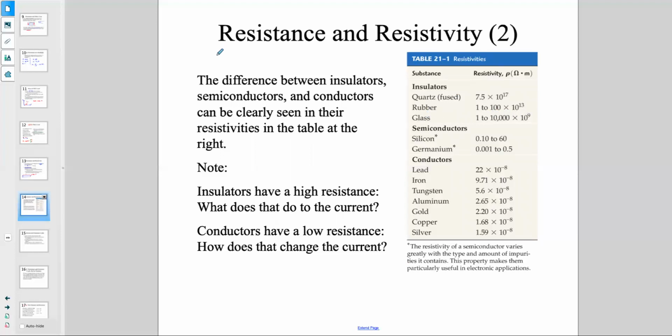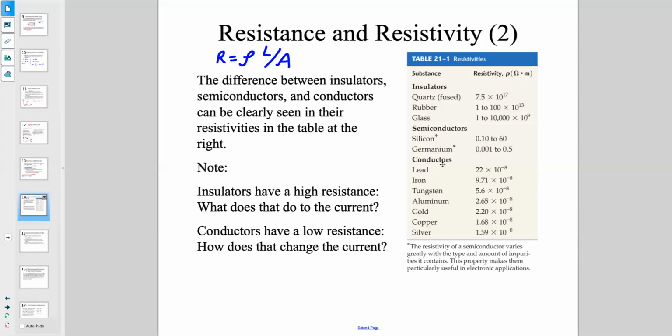So let me write down the formula here. R is rho L over A. This is the resistivity. For example, rubber is 1 to 100 times 10 to the 13. So this rho is a high value, and the R is actually high. That's why it's really difficult for charges to move, so they don't move charges with them.